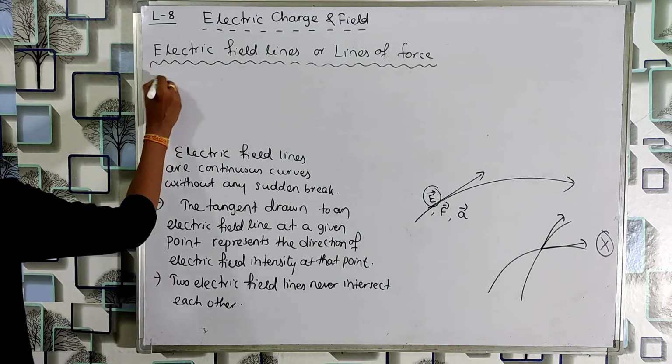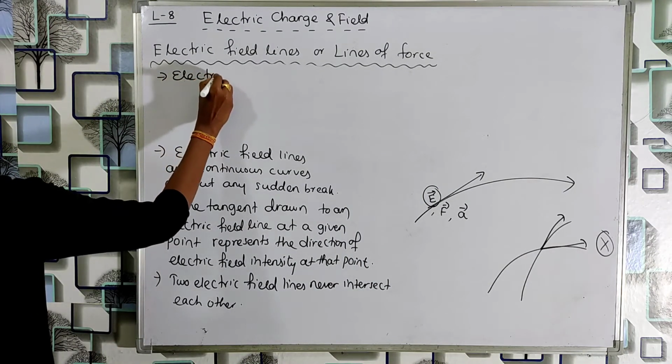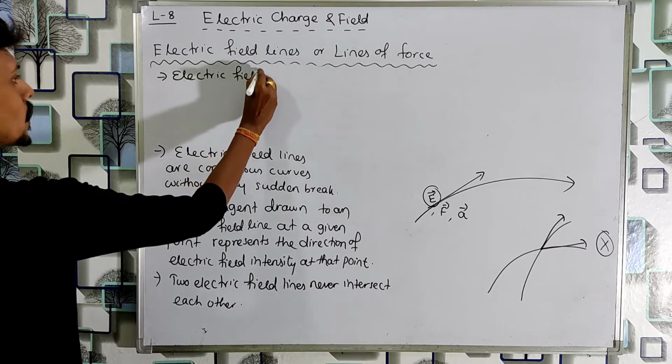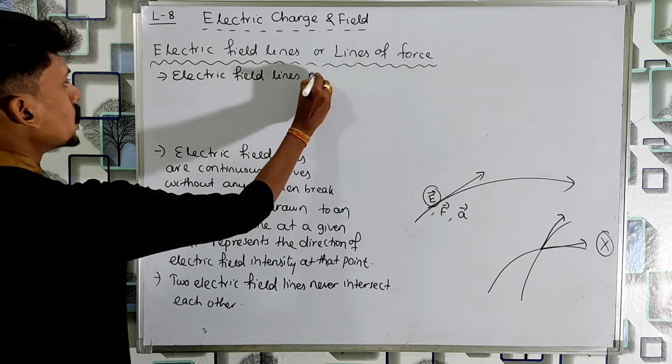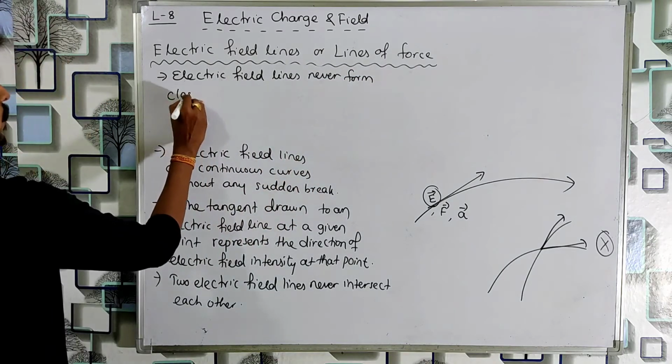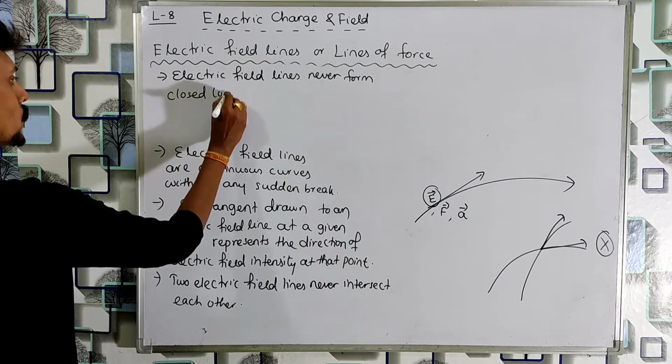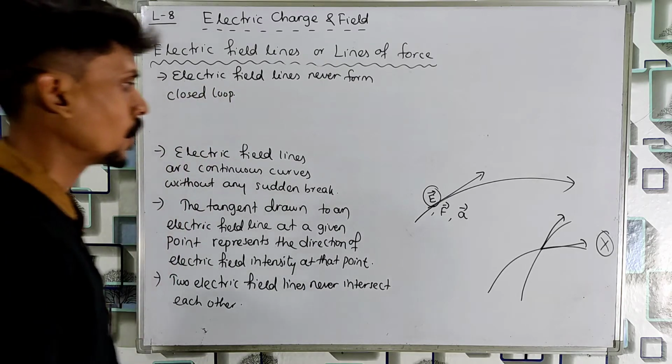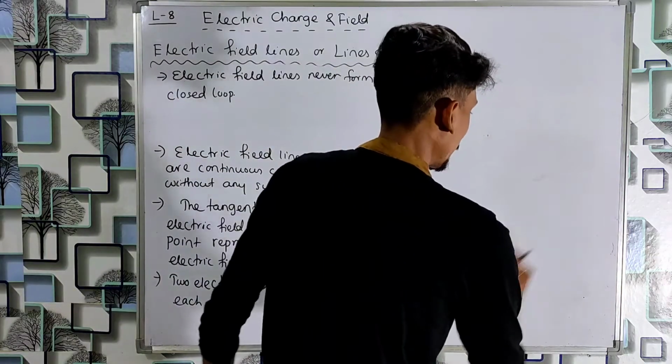Next point is that electric field lines never form closed loop. What is the reason behind it?